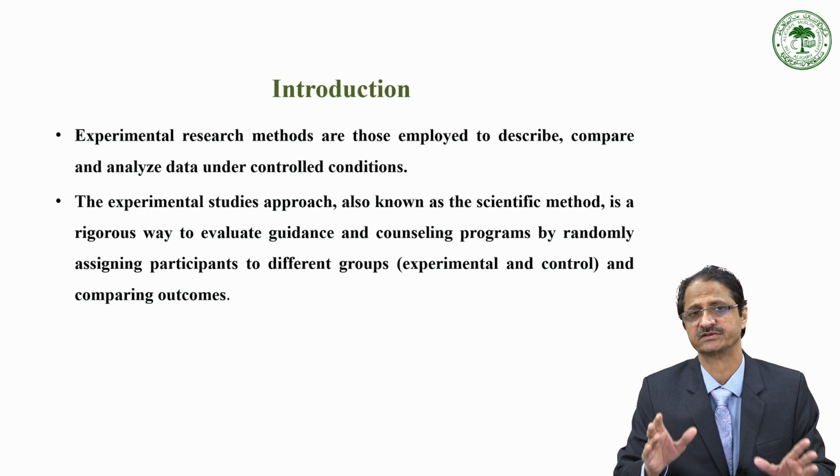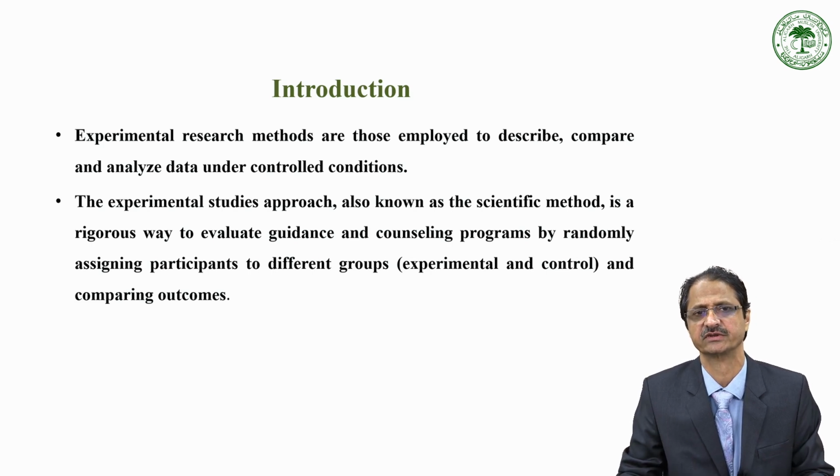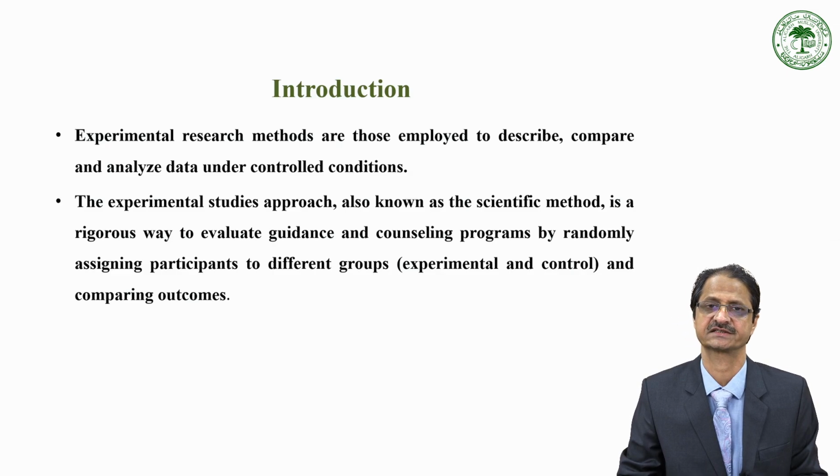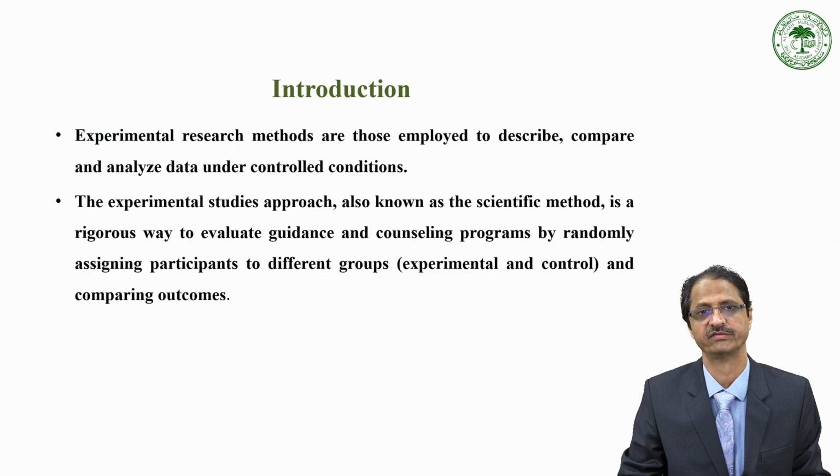These experimental researches are basically associated with the laboratory researches which are used in the field of the sciences. But in social sciences, we are also using the experimental methods and exercising control on the variables.